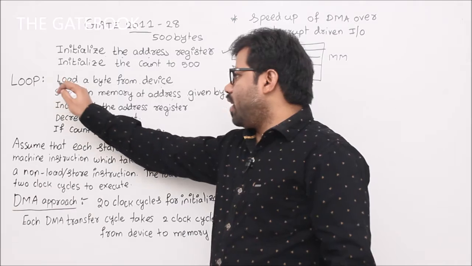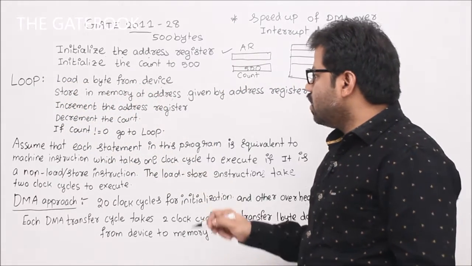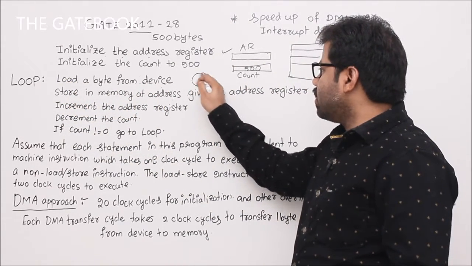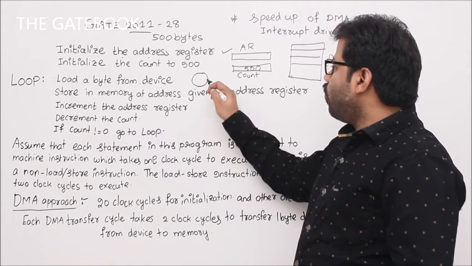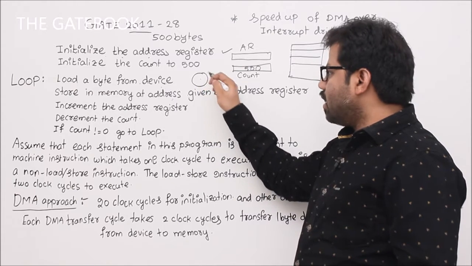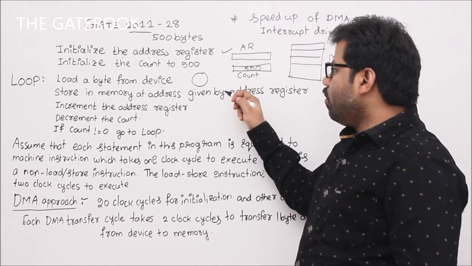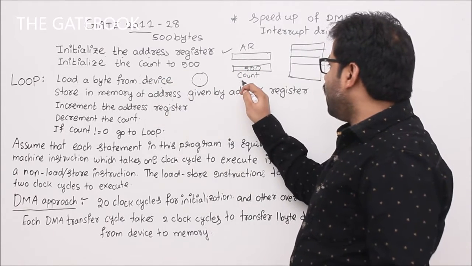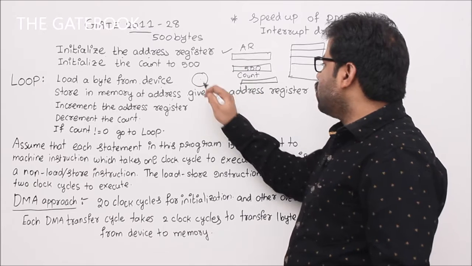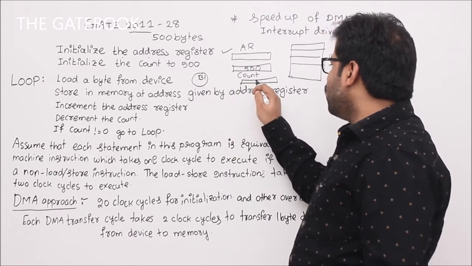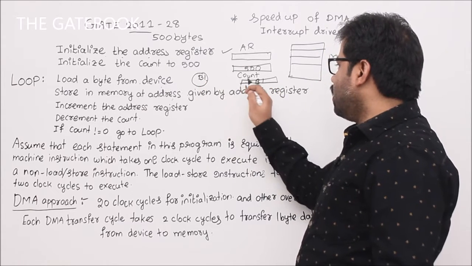So now the loop begins. Load a byte from the device. So this is, let's say, your device. From the device, assume that somewhere it has that byte, then that byte will be loaded into some temporary register. Let us say that byte is B1, so B1 will be loaded into that register.